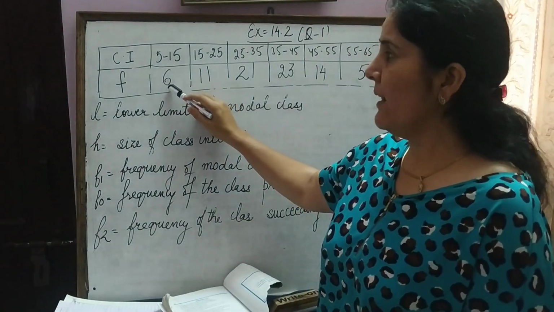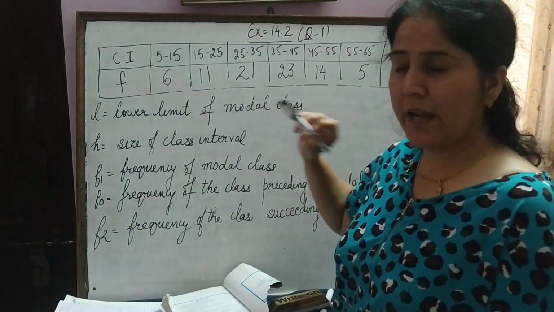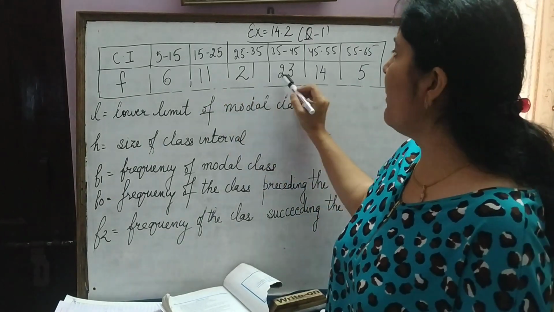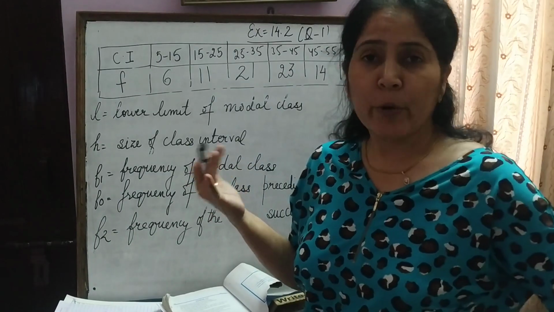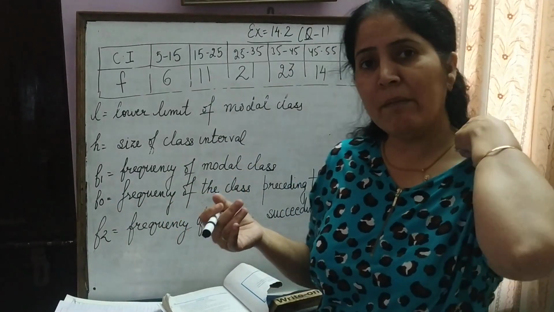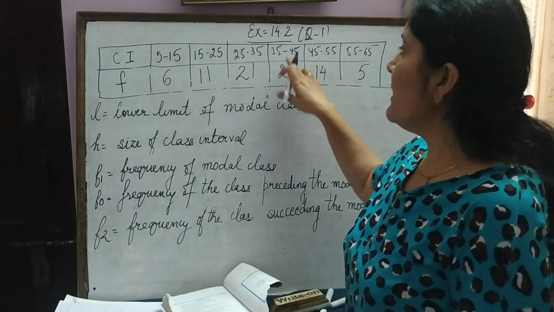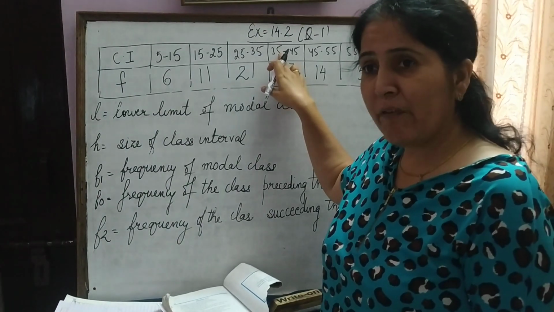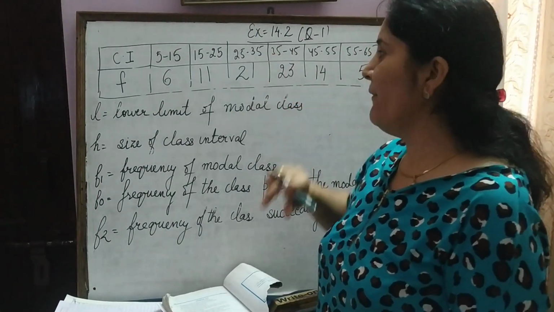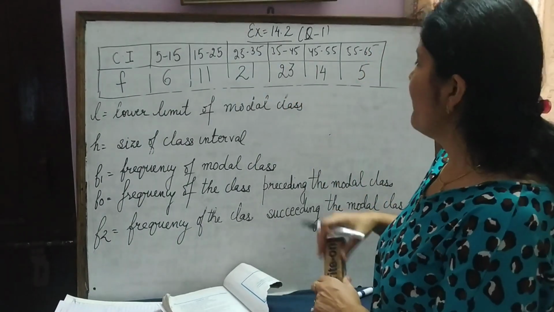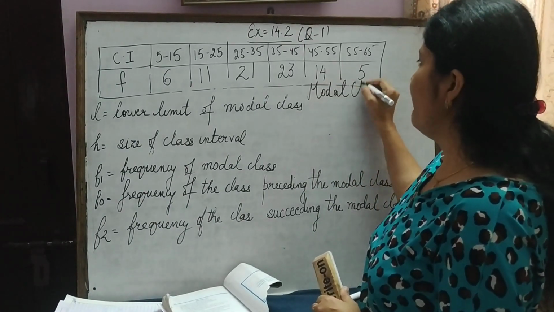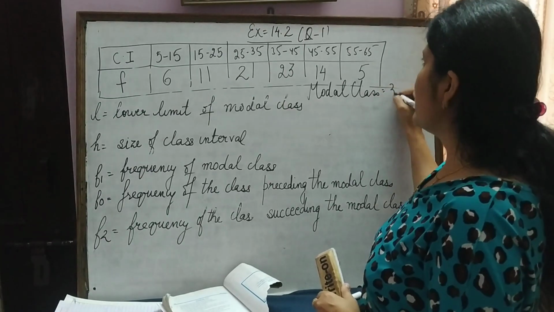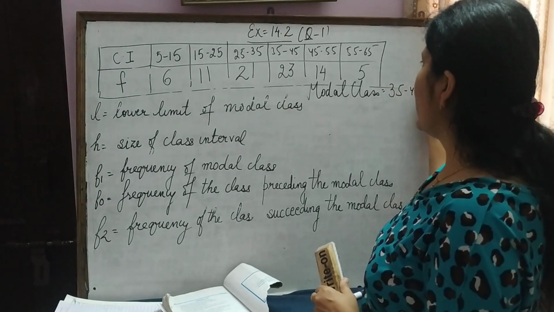Now you can see that here all the frequencies are written: 6, 11, 21, 23, 14 and 5. Among these, 23 is the maximum frequency, and the class interval of the maximum frequency is 35 to 45. So my modal class, I have found it out, that is 35 to 45.